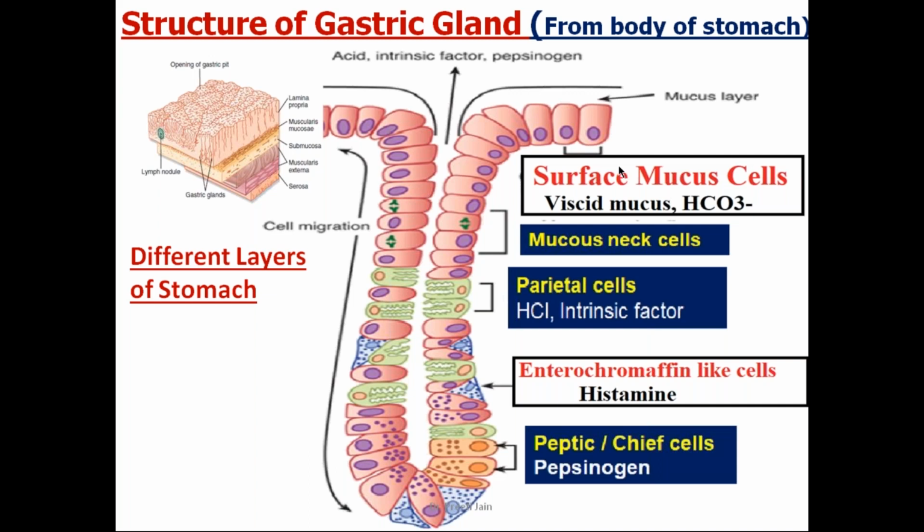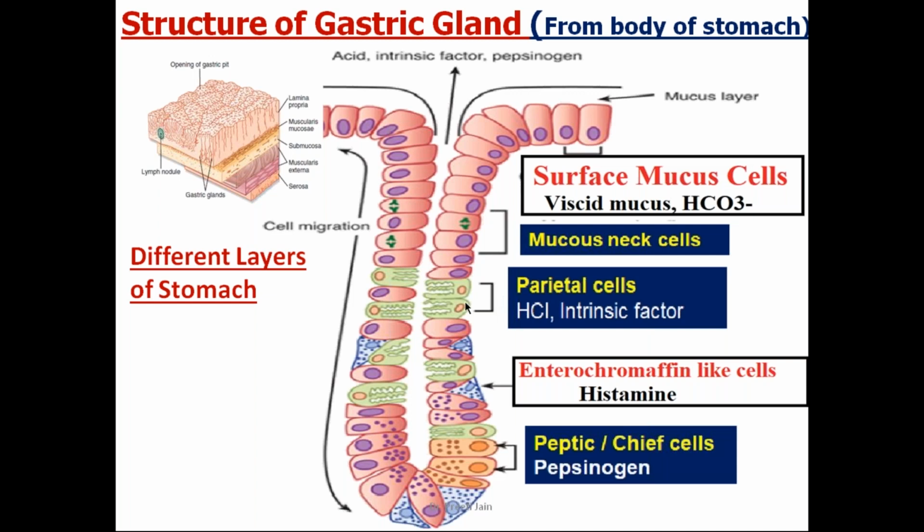One is from the surface mucus cells in the epithelium of the glands, which secrete viscid mucus along with bicarbonate ions. Then you have the mucous neck cells, which are part of the tubular gland itself, secreting soluble mucus, which helps in the lubrication of the gastric contents.